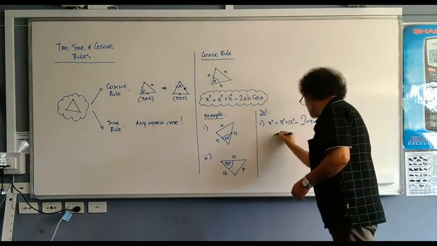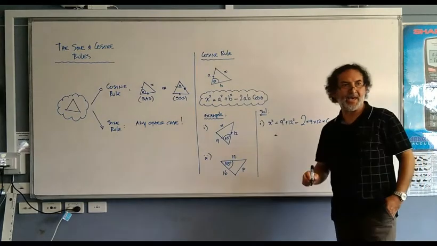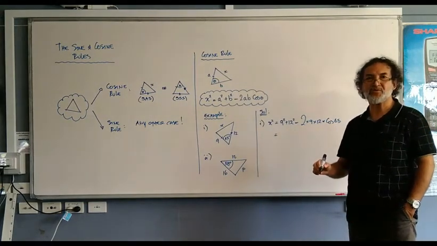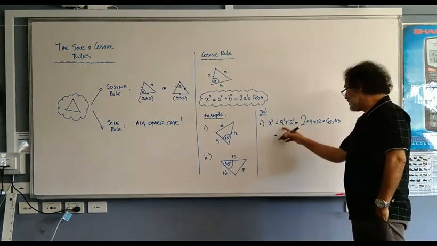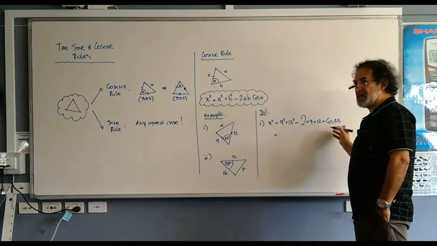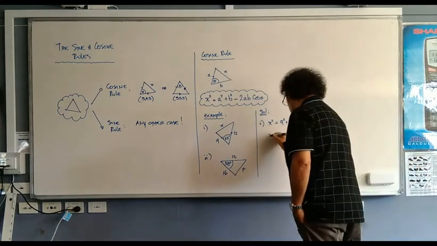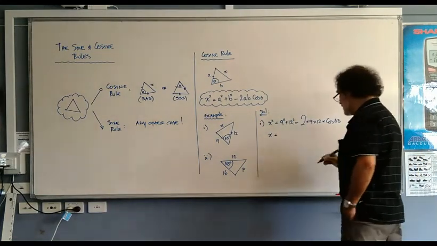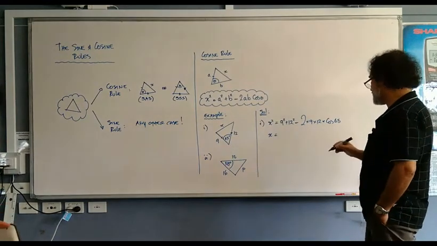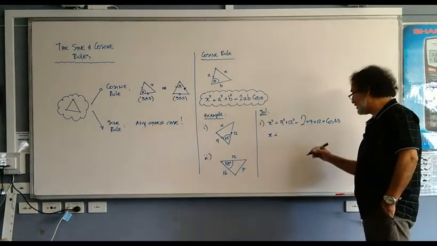Okay, and then you're going to put that in your calculator, and after that you're going to have to square root it. If you put this, that will give you the answer for the square, but then you need to square root it. 2 times 9 times 12 in bracket? No, you don't need to put a bracket. Just put 2 times 9 times 12.